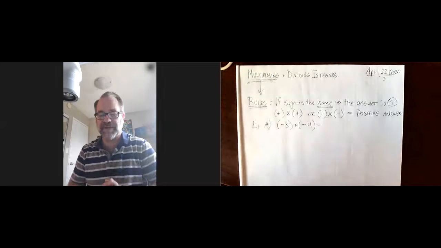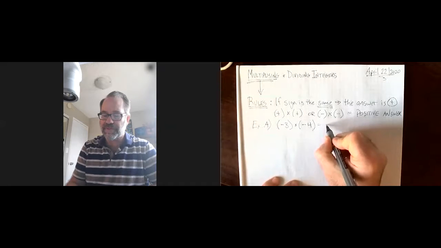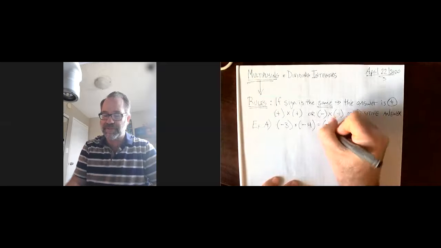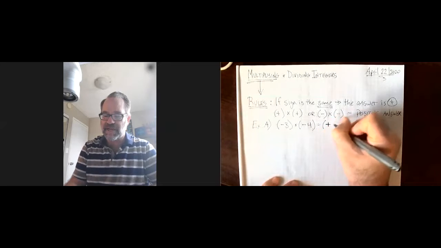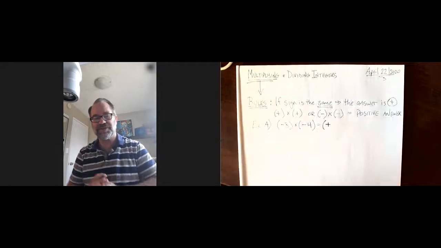Both of these are negative. So right away, the first thing we want to do is establish the sign of the answer. And since these are both negative, the same signed integers, our answer is going to be positive.